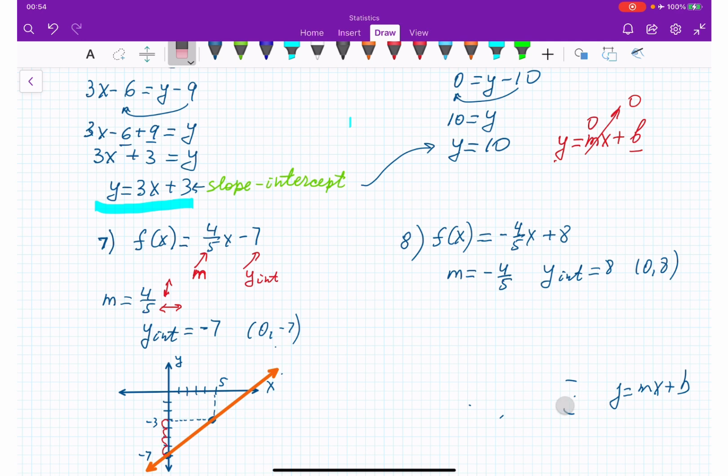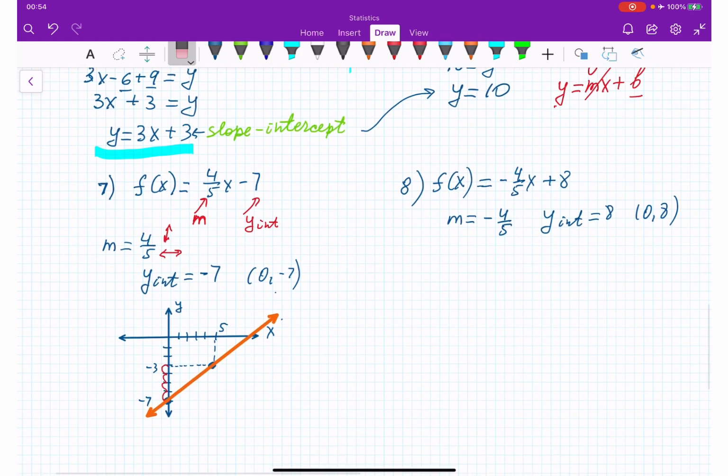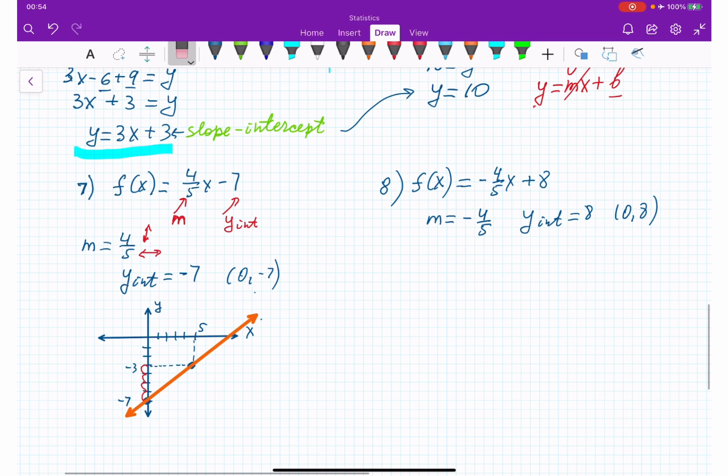All right. So we continue working. We have our slope and we have our intercept. Now let's graph it.